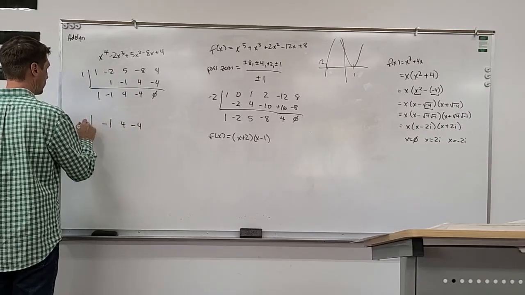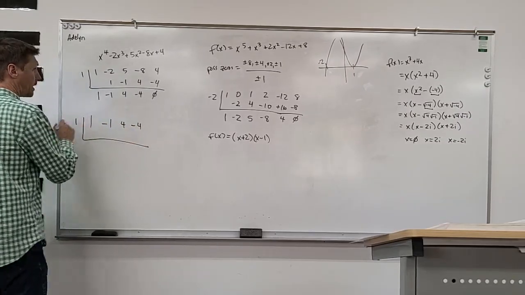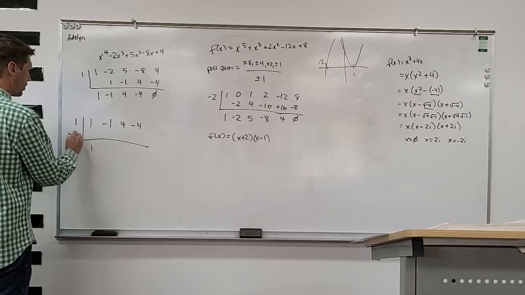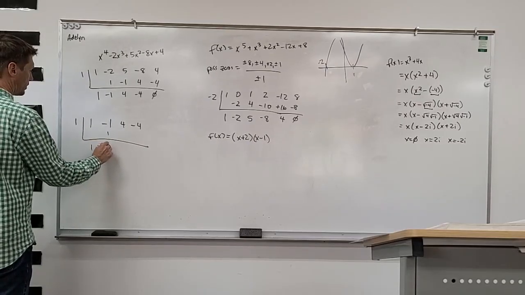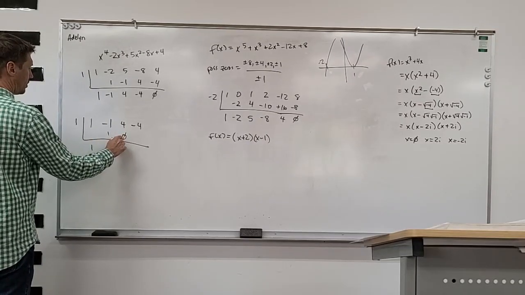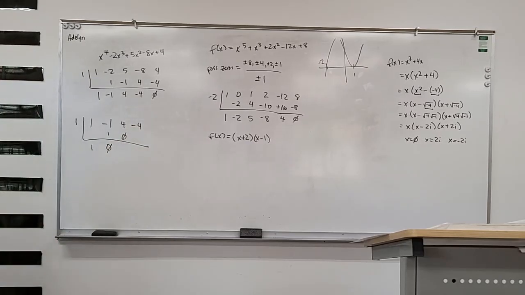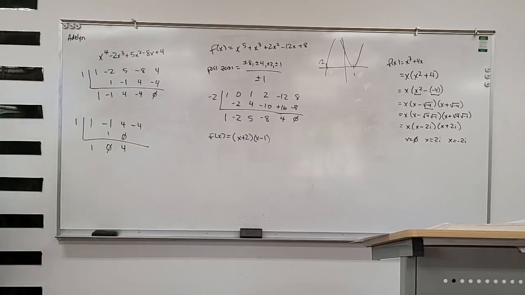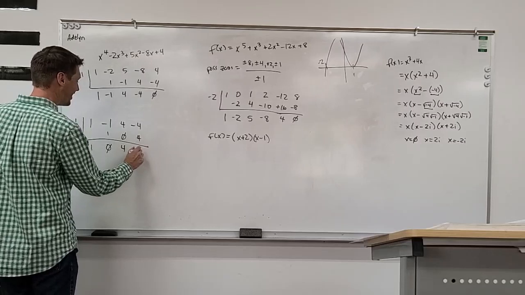We're going to divide again by 1 because we think that it's 1 with a multiplicity of 2. So we bring our 1 down. 1 times 1 is 1. We got 0, 0. That didn't work, right? So what did I do wrong? It does work. Just testing it. All right, 4. There we go, 0.